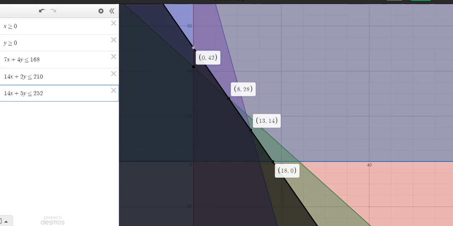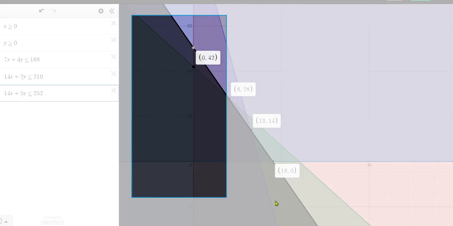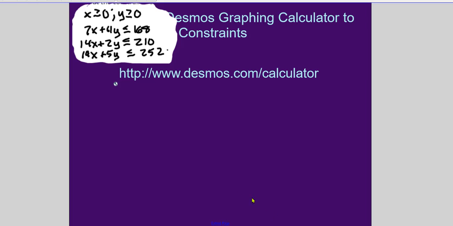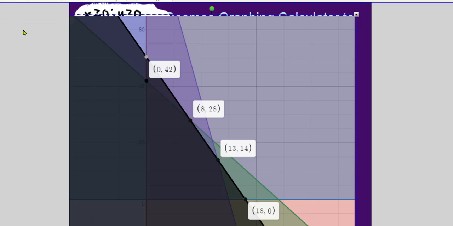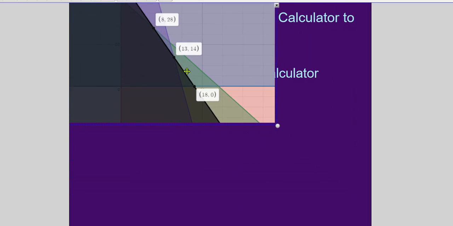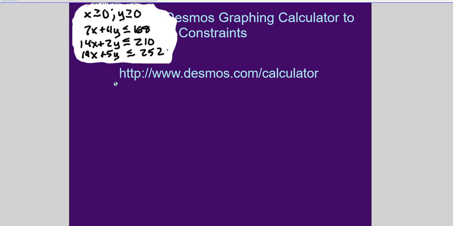So I'm going to copy this graph now, and go back to the worksheet. Actually, I'm going to take it to the next page. So I'm going to cut this and go to my next page.